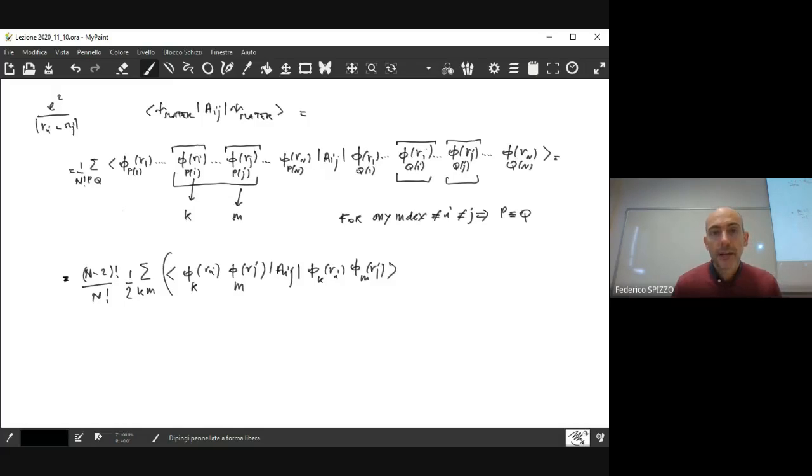Then the other solution is that if Pi corresponds to K and Pj corresponds to M, then Qi and Qj correspond to two values that are exactly the values corresponding to I and j, but exchanged. If you make an exchange, then we have to consider a minus sign in front of the permutation because we exchange the two values.